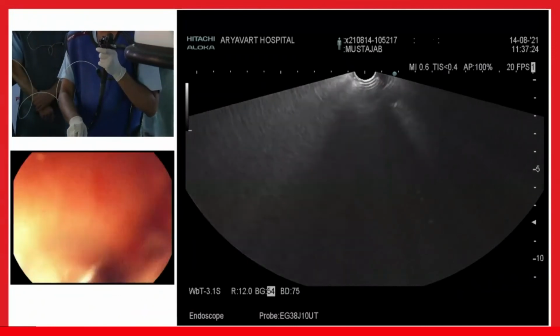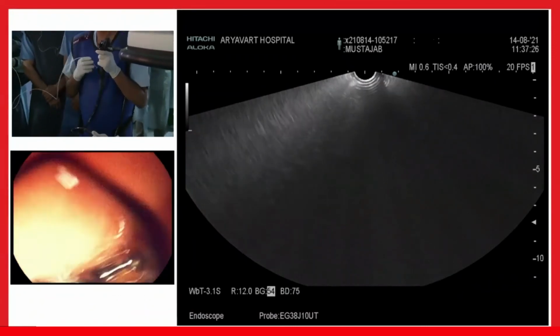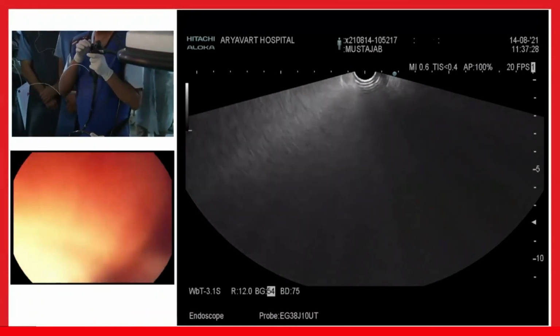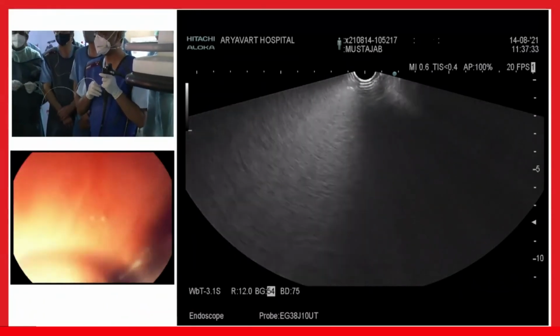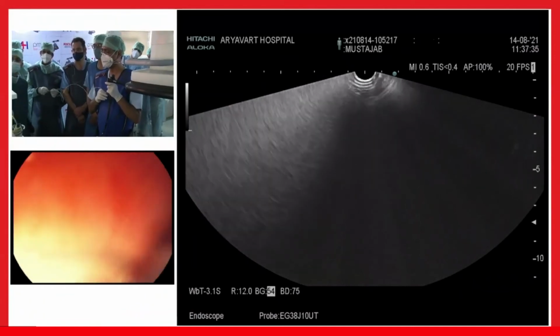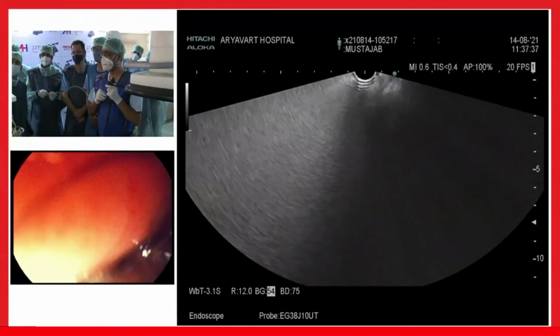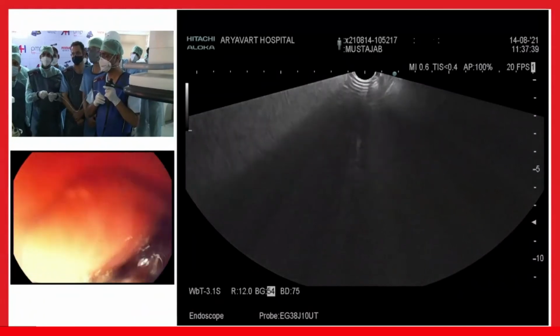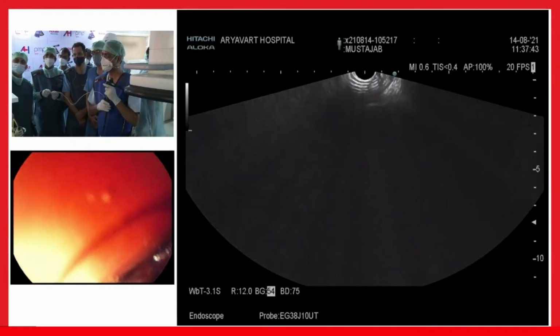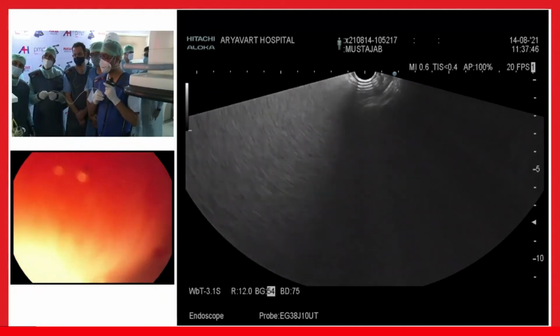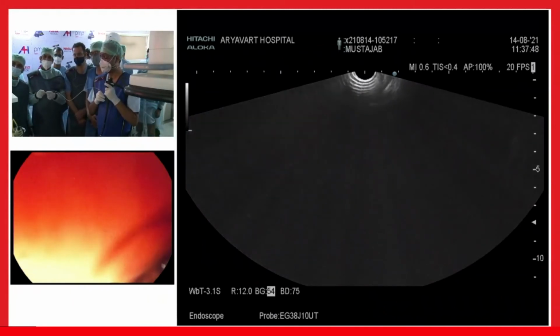So sometimes while you try to do this maneuver, you find a lot of gush of fluid coming out. Particularly if it is infected, it is very difficult to visualize. If it is clear fluid, that's fine. But if it is infected and dirty fluid, then your vision gets obscured. So how do you approach in that scenario? So you have to put the air, you should be away, okay? And you have to clean your lens continuously.